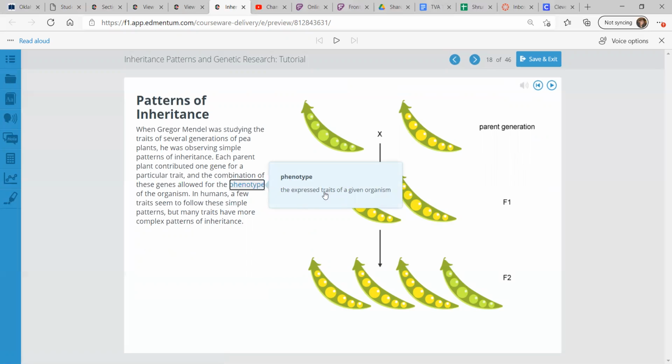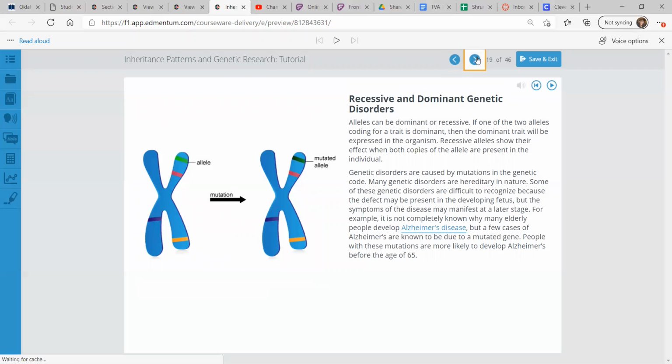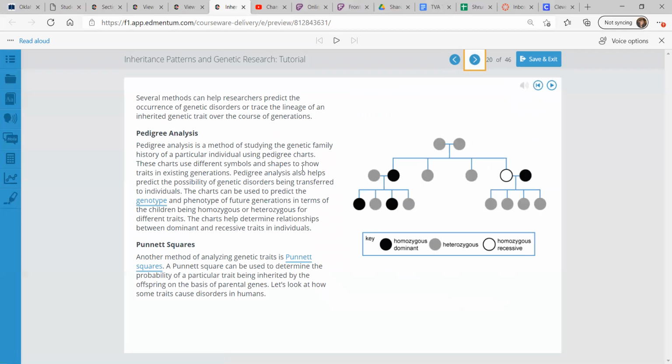That is the expressed traits of a given organism. So I think of physical, if you can physically see the traits, those are the phenotype. Genotype is the genes that may or may not be expressed. So the entire genetic code is the genotype. The phenotype is the expressed traits.